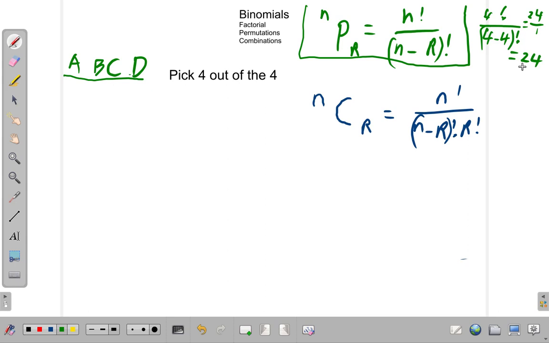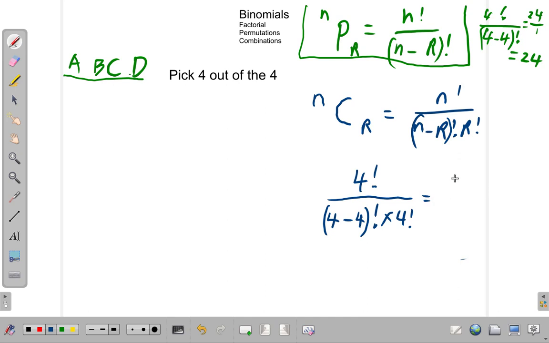Now, here, n factorial, 4 factorial, that's the number available, divided by n minus r factorial, so it's 4 available minus the 4 you choose, factorial, multiplied by r factorial, which is 4 factorial.